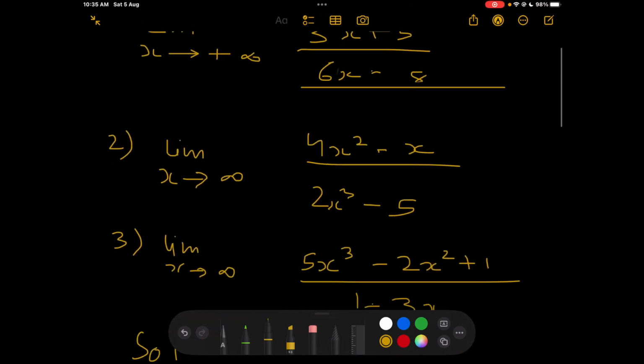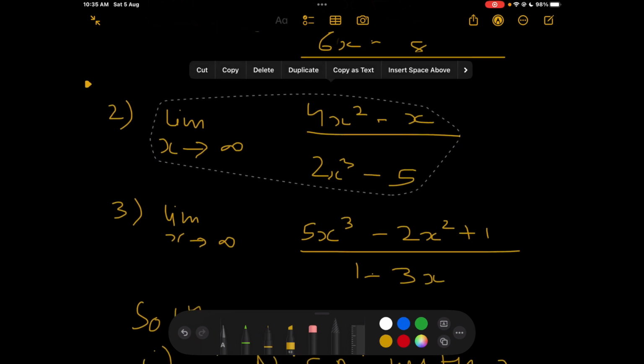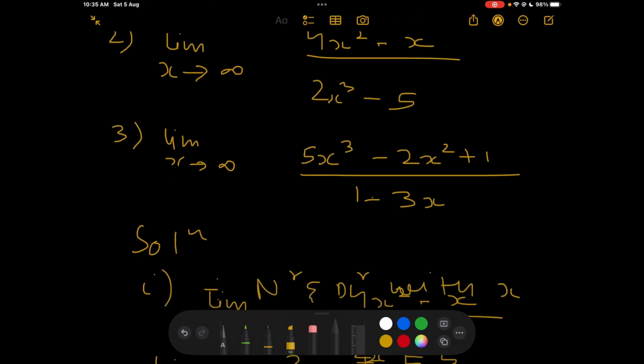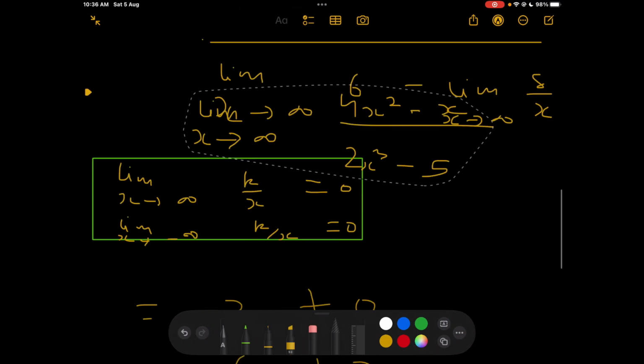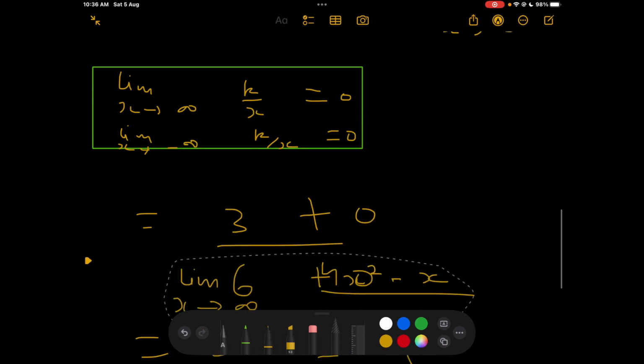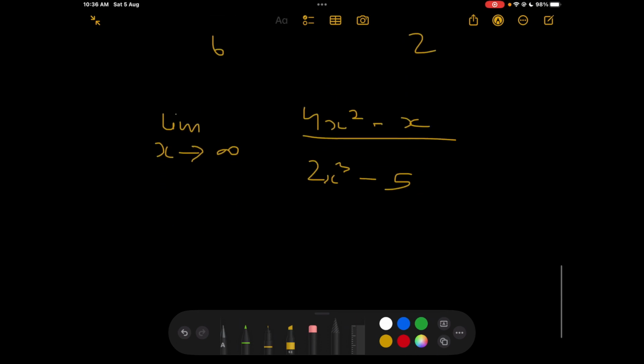Now let us come to the second part. We can duplicate this. Fine. So here also, in the solution, we need to first divide the numerator and denominator with the highest power of denominator.